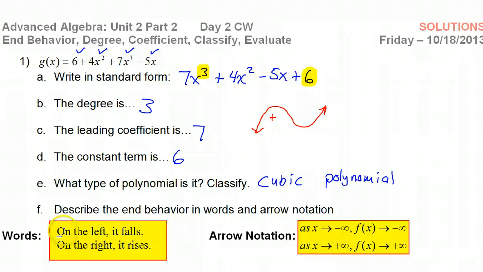Since on the left it falls, on the right it rises, that means as x approaches negative infinity, f of x approaches negative infinity, and as we go towards positive infinity, it goes to positive infinity. The key part is on the left it falls, thus negative infinity. On the right it rises, thus positive infinity. This first part never changes. This just means left and right.